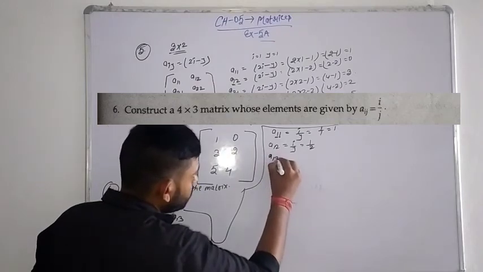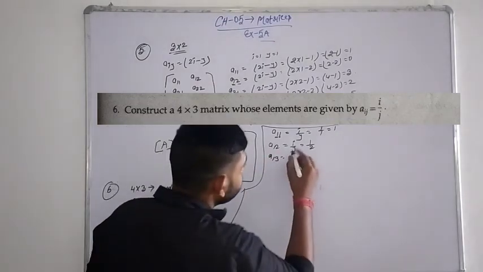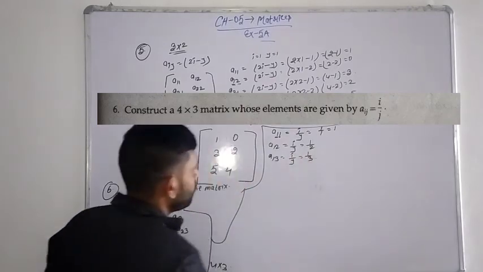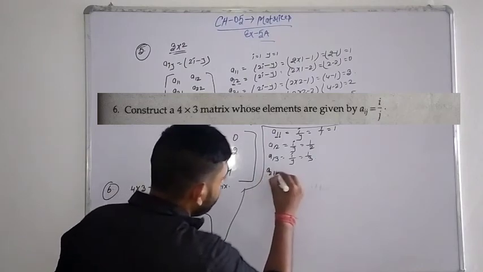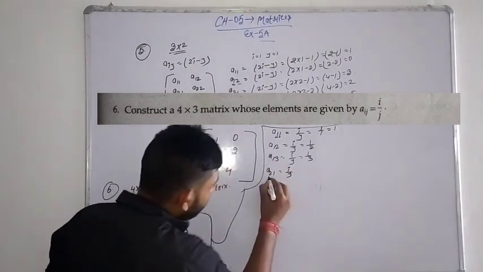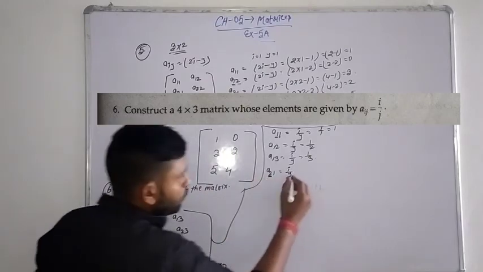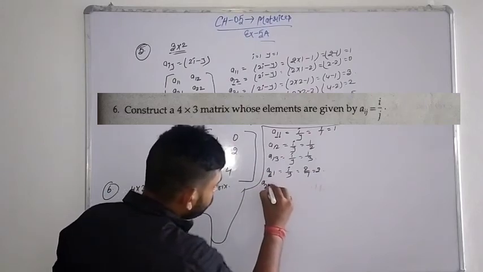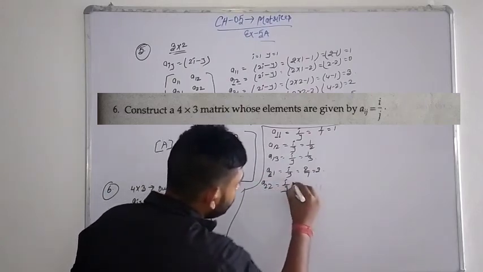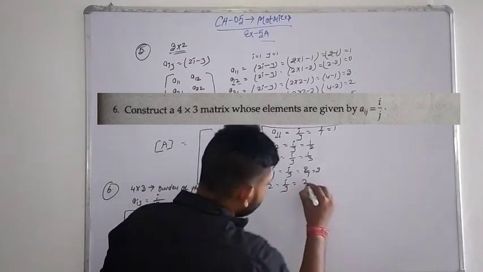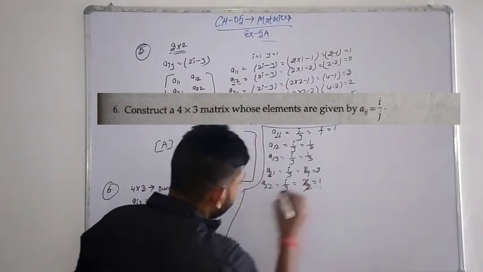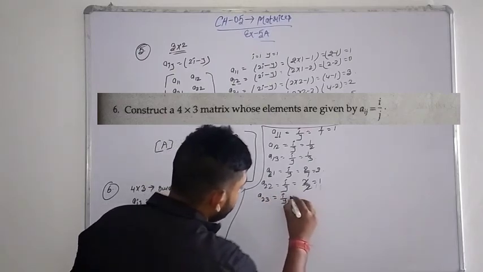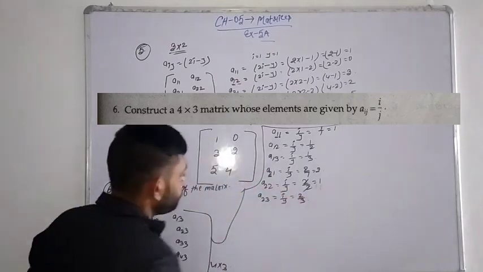Now a13 is equal to i upon j is equal to 1 upon 3. Now a21, i upon j, now we put the value of i equal to 2, equal to 2 upon 1 is equal to 2. Now a22 is equal to i upon j, here 2 upon 2 is equal to 1, and the value of a23 is equal to i upon j is equal to 2 upon 3.